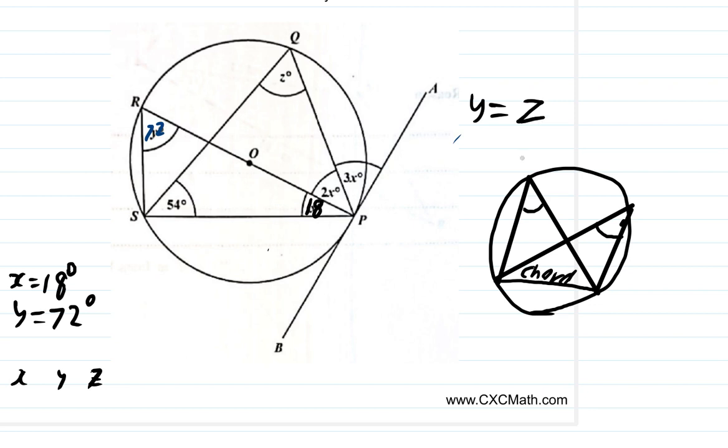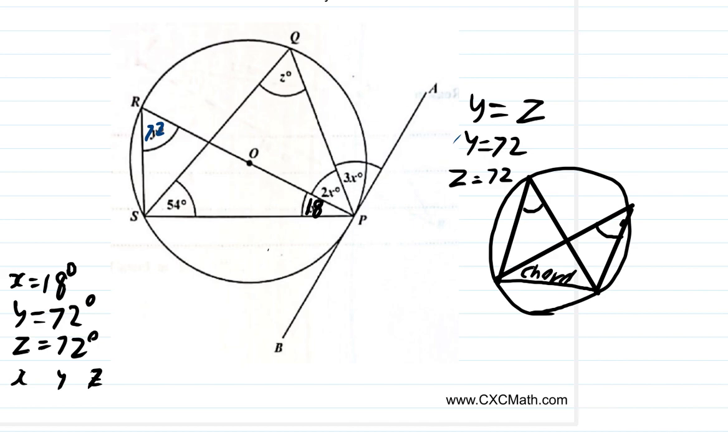Must be equal to Z. Alright? So if Y is equal to 72 degrees, Z must be equal to 72. So Z equals 72 degrees. So now you have your X, your Y, and your Z.